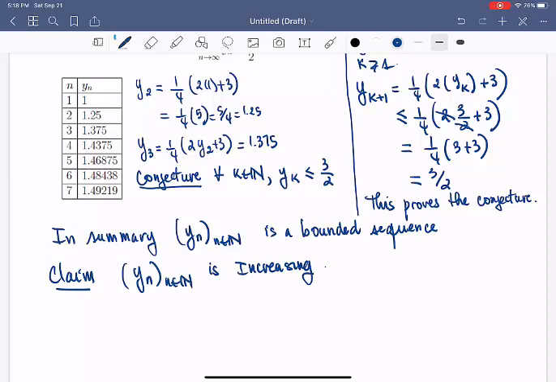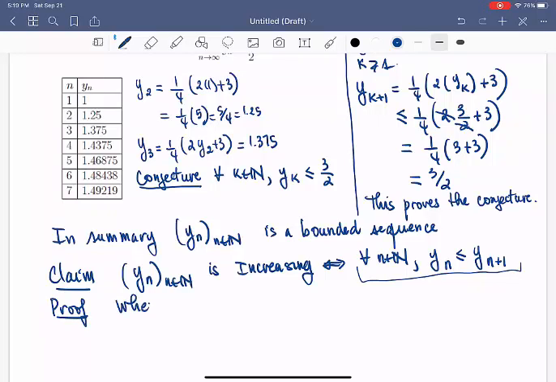In other words, for every natural number n, y sub n is less or equal to y sub n plus 1. I'll rewrite it in this form because it's easier to prove by induction when it's written this way. Okay, so as suggested, we will prove this by induction.